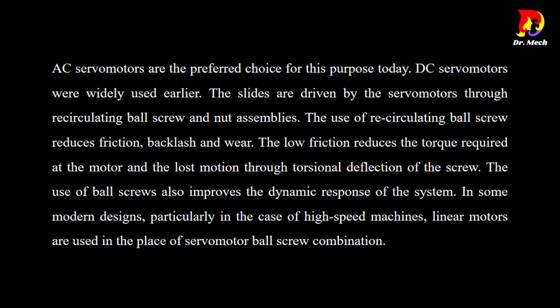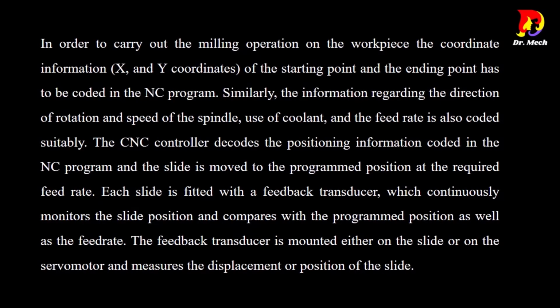In some modern designs, particularly in the case of high-speed machines, linear motors are used in place of the servo motor and ball screw combination. In order to carry out the milling operation on the workpiece, the coordinate information, the X and Y coordinates of the starting point and the ending point, has to be coded in the NC program.